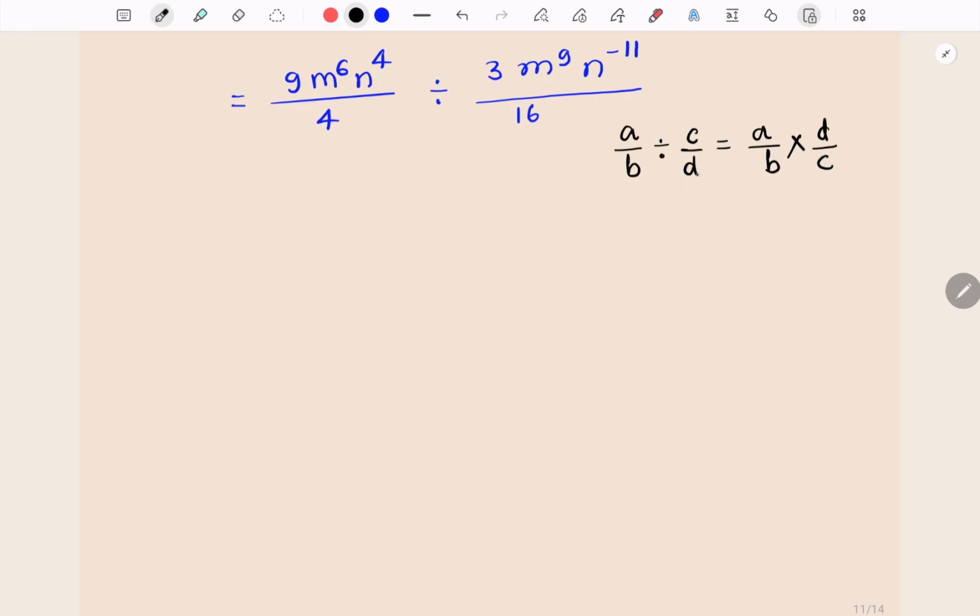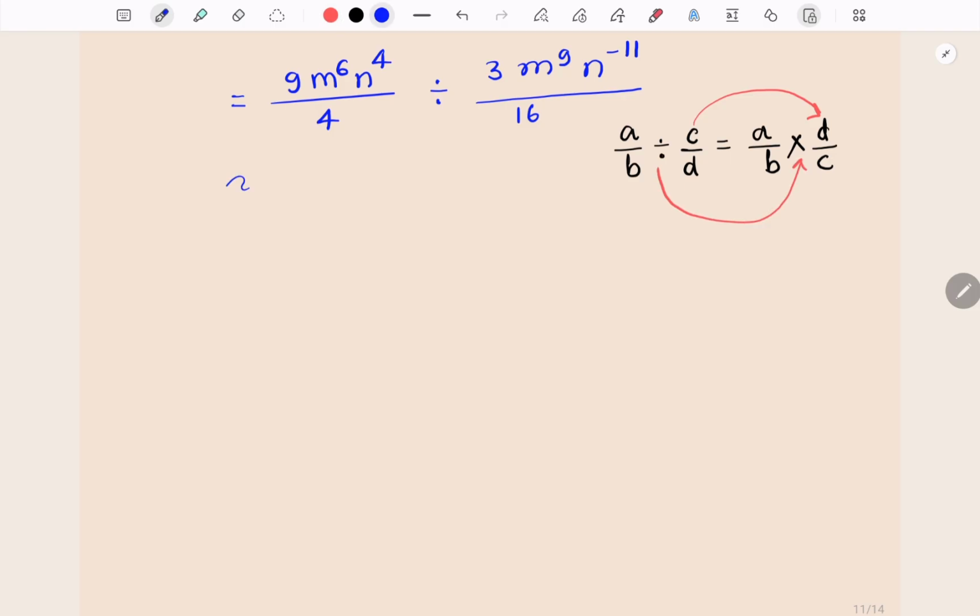Okay, look carefully that here the numerator becomes the denominator and the denominator becomes the numerator. So I took the reciprocal of this second fraction, and this sign will be changed to multiplication.